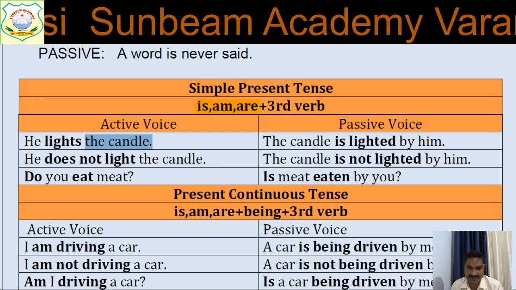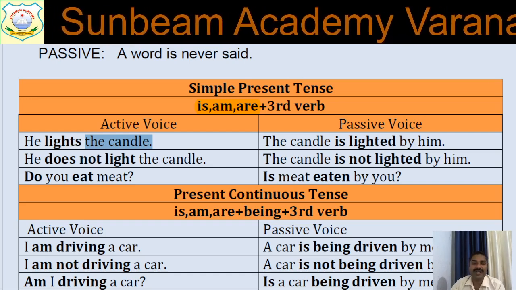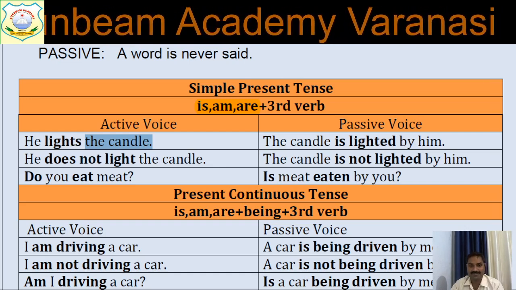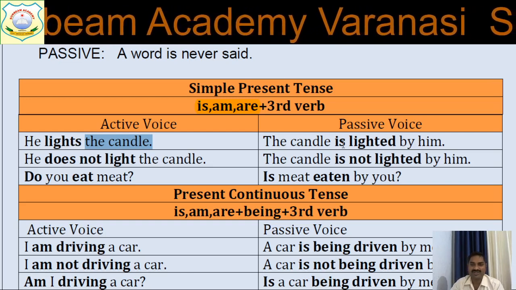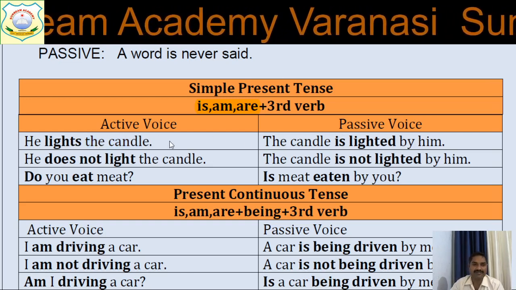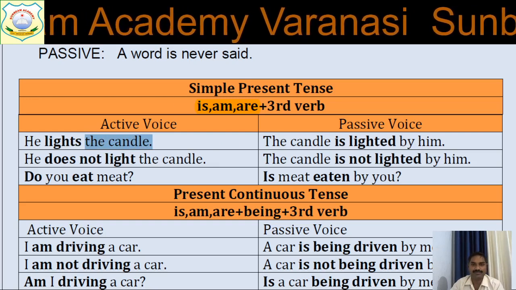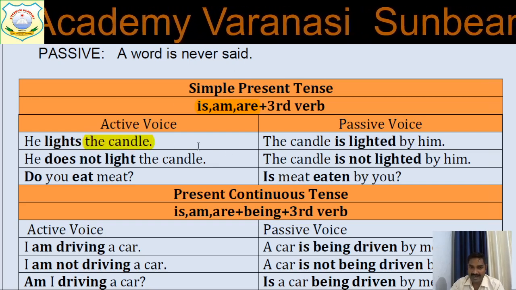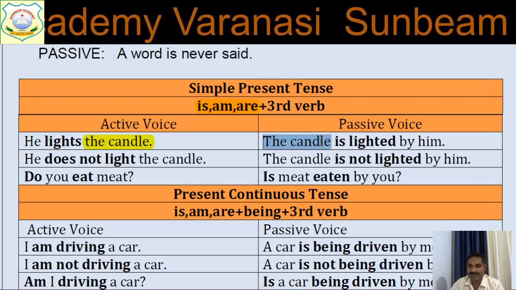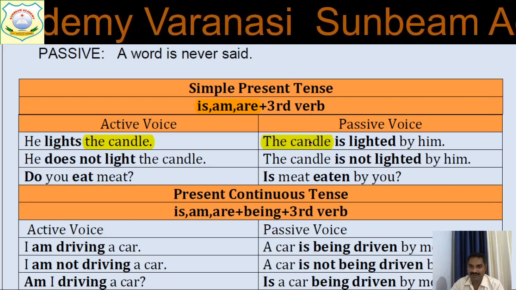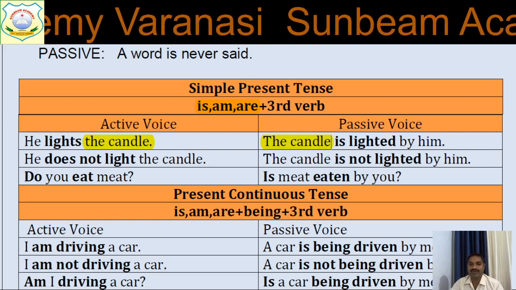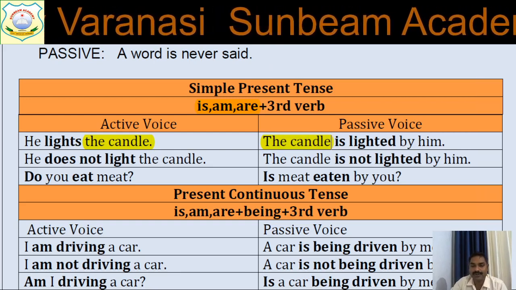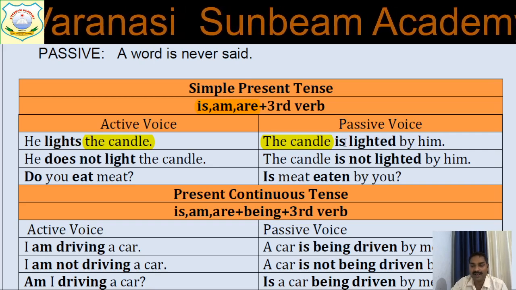Okay, correct. You will take your subject from the object of active voice. Here, you will take this and put here. And if the subject that you have written here in passive voice is in plural form, there you will use are.